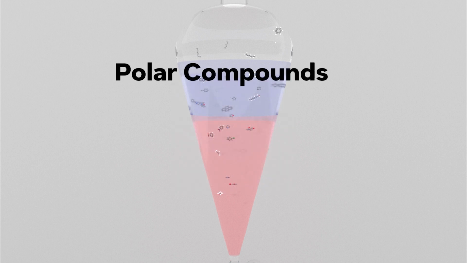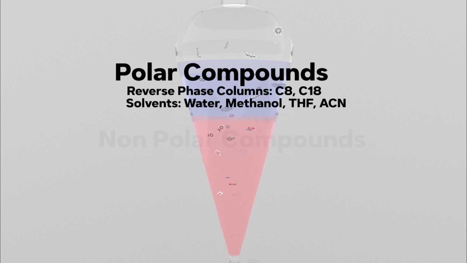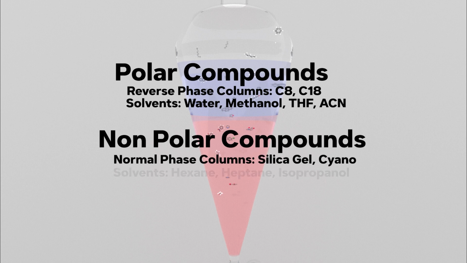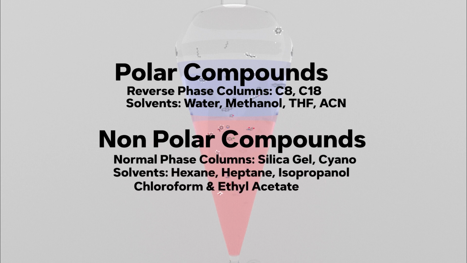So you will find HPLC columns characterized as reverse phase HPLC columns and normal phase HPLC columns. The reverse phase columns are used to separate polar compounds, and the normal phase columns are used to separate nonpolar compounds.